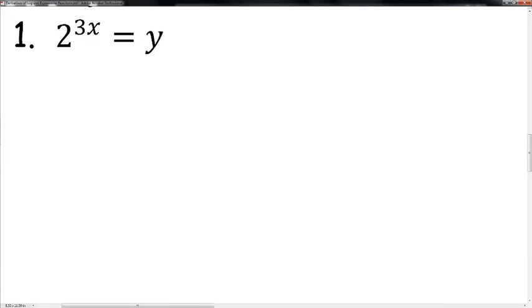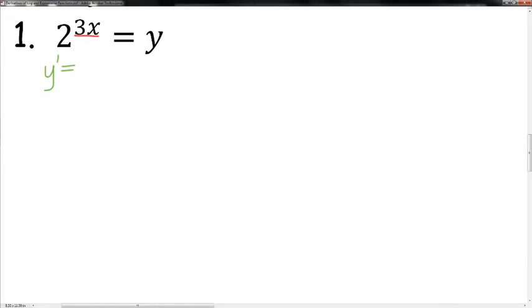So we're to find the derivative. So I have 2 to the 3x is equal to y. And so I'm looking for y prime, and again, it's similar to e to the x. And so I'm going to underline my power in red. So I'm going to do a rewrite.